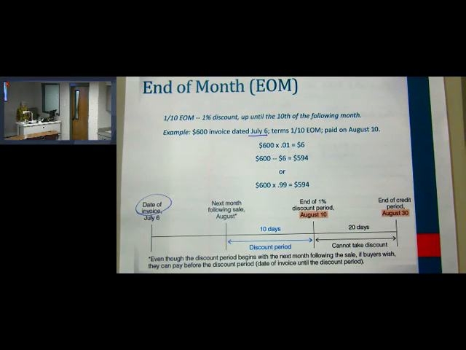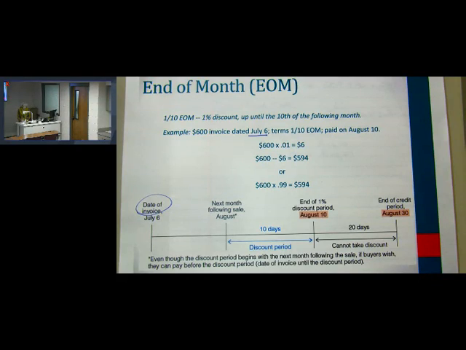On an EOM, it'll always have the EOM behind it. What you need to look for is, is your invoice on or before the 25th of the month? If it's on or before the 25th of the month, your discount period will be the remaining part of that month and the first 10 days of the next month.